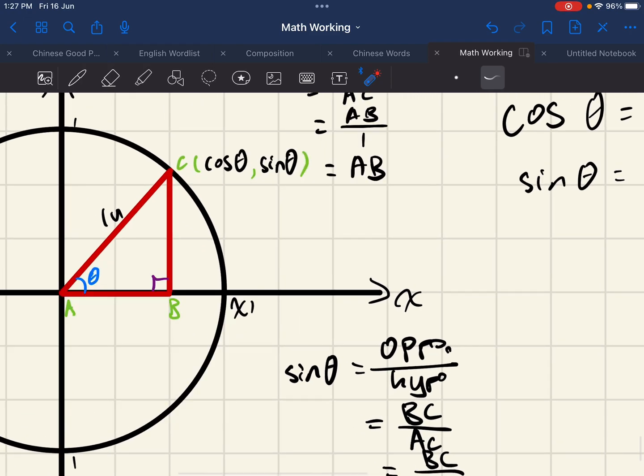So it means when I take sine theta, I will find the length of BC, which is equal to the y coordinate. So basically, I've concluded and proved that the formula to find the coordinate on the circle is formed by cosine theta and sine theta.